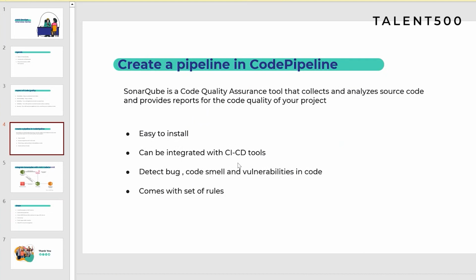Today we did all the integration with CodeCommit. Today was kind of an introductory session. In the upcoming session, we'll learn more about SonarQube, and also we'll try to integrate SonarQube with Jenkins. Yeah, and it already comes with a lot of well-defined rules. Those should be enough, but if you want, you can have your custom rules, etc.